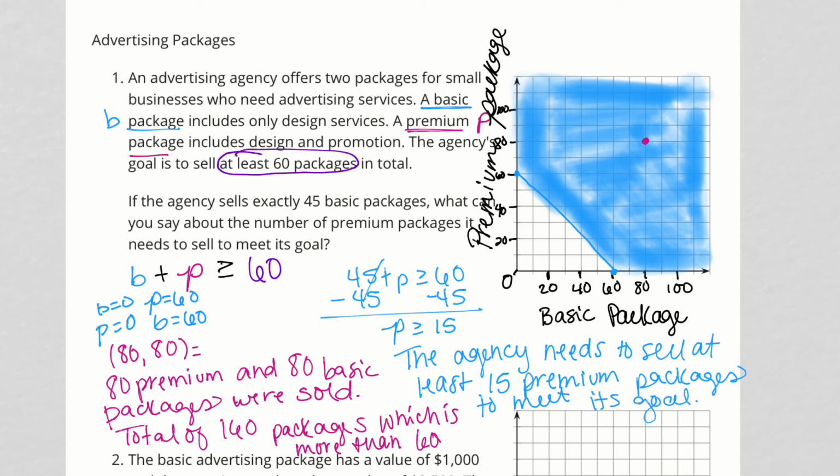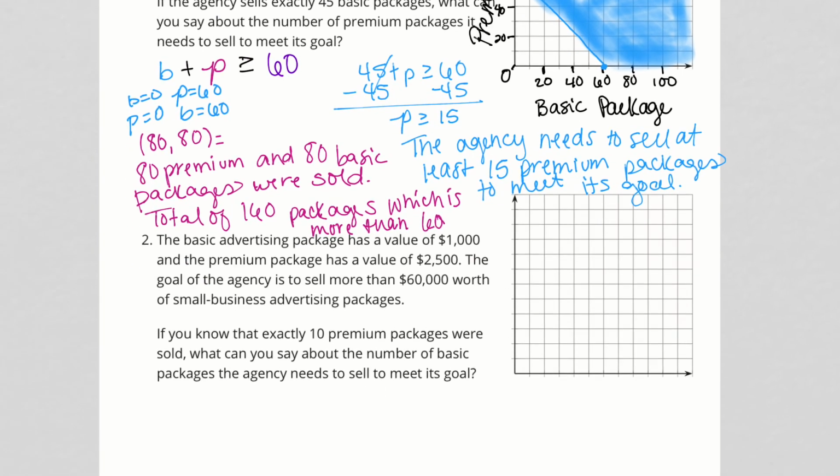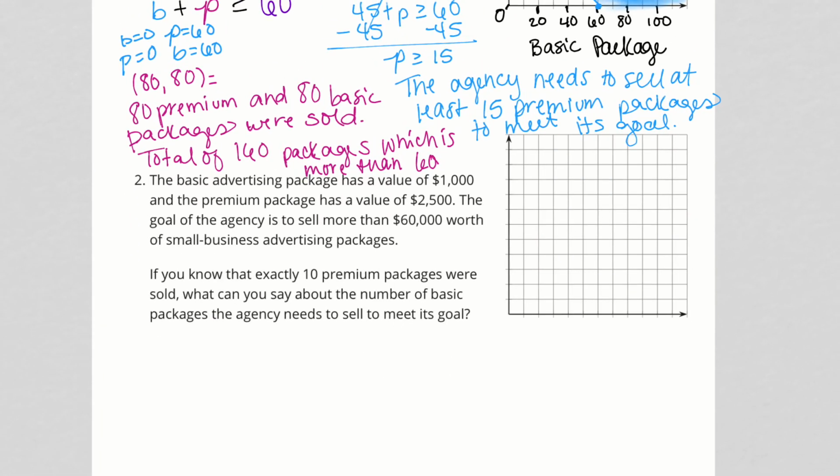All right, last one today. The basic advertising package has a value of $1,000 and the premium package has a value of $2,500. The goal of the agency is to sell more than $60,000 worth of small business advertising packages.